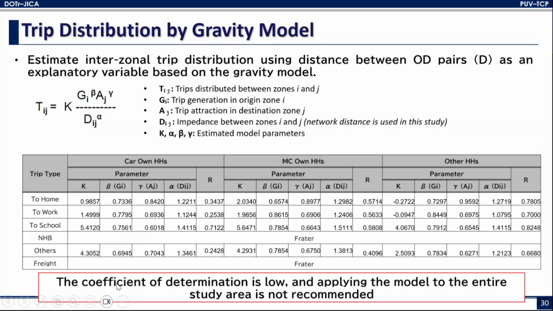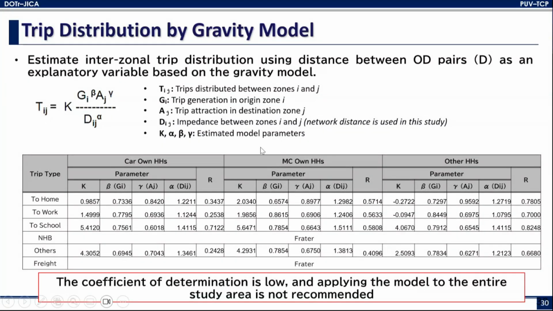However, the coefficient of determination, R, is very low. It means that this result is not so reliable, and applying the model to the entire Mega Manila area is not recommended.